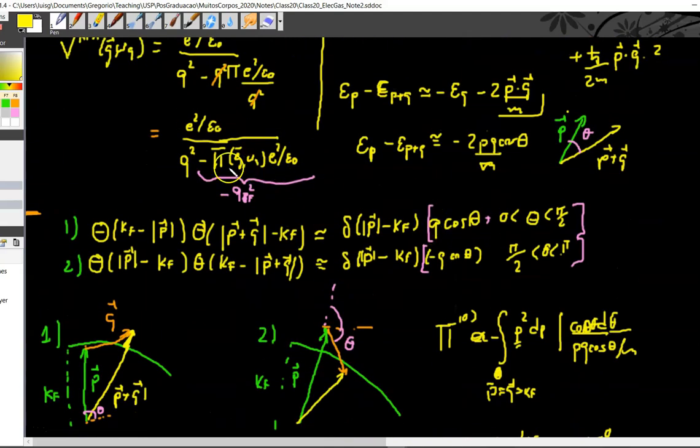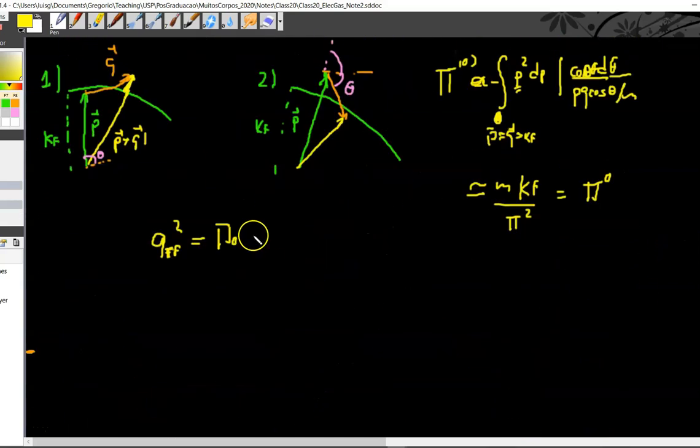So it would be pi 0 times e squared over epsilon 0, which would be something like m kf e squared over pi square epsilon 0.